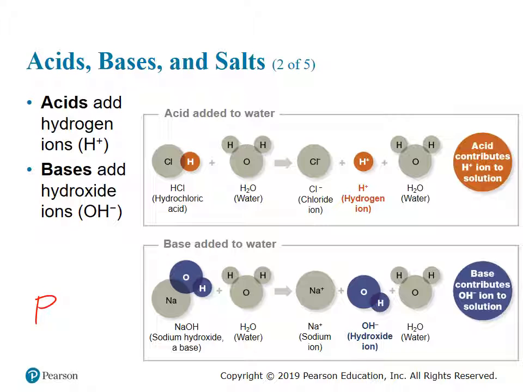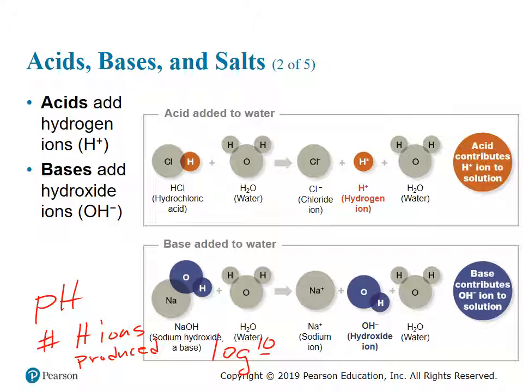pH scale, right? pH is based on the number of hydrogen ions produced in a solution. Okay? And it's all based on, in fact, log base 10. That is math now. We're doing a little algebra-ish kind of thing.